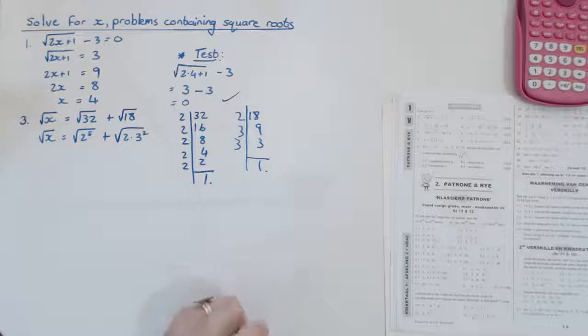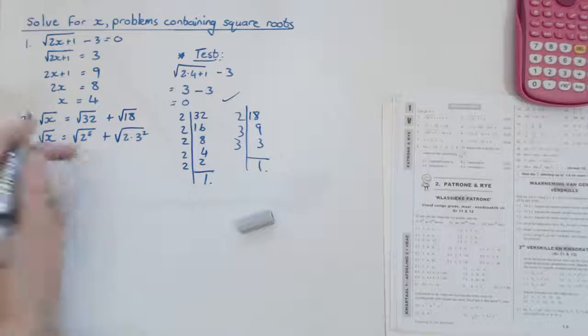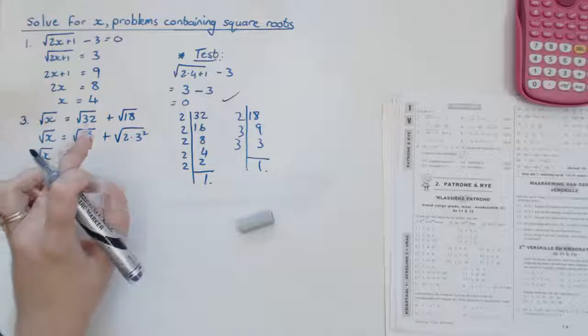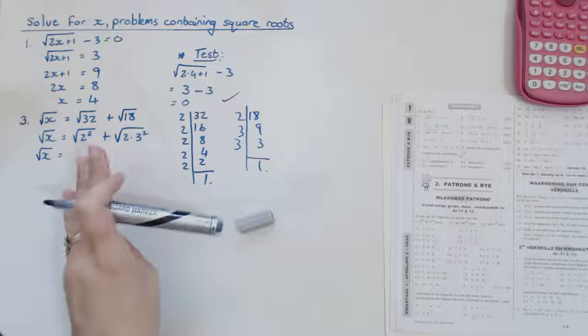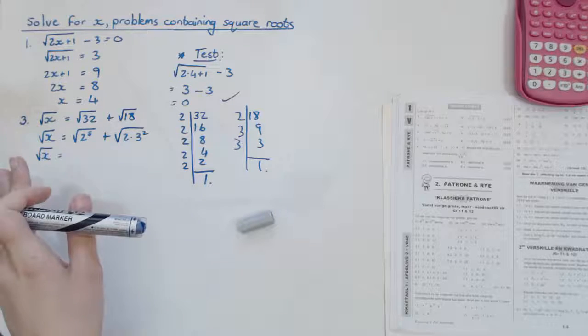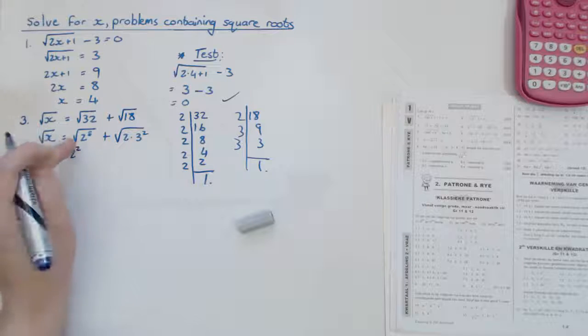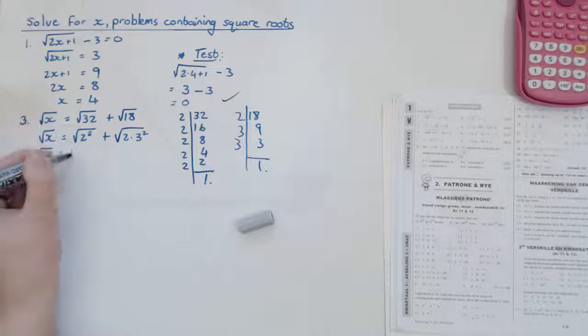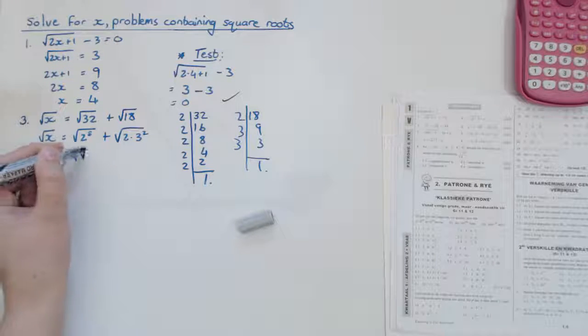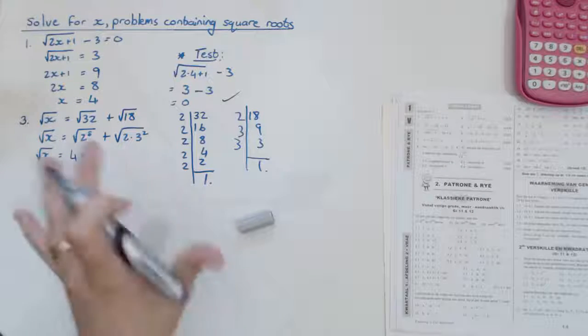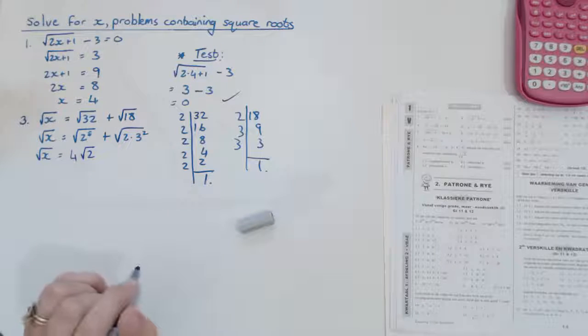Okay, so now I'm just going to take out here the 2 to the power of 5. The 2 to the power of 4, I'm actually going to take out because root of 2 to the power of 4 is 2 squared, which is 4. I don't actually need to write that. And then that 2 that was still left, the fifth one, I'm just going to leave under the root.